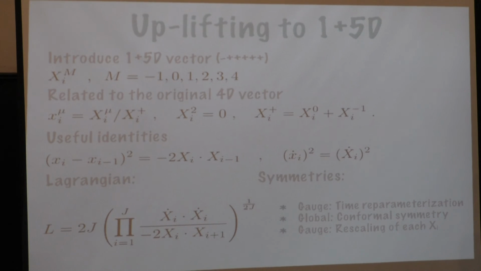The dot cannot end up on f, obviously, because then you get 0. So these factors of f in numerator and denominator happily cancel. So you get an independent new rescaling, a new gauge symmetry. So you have j plus 1 gauge symmetries now: time reparameterization symmetry and rescaling of each of the x's.